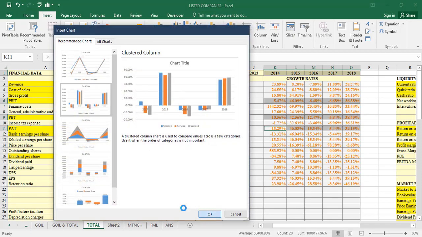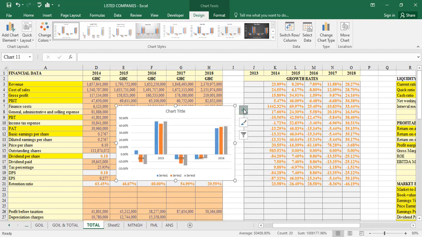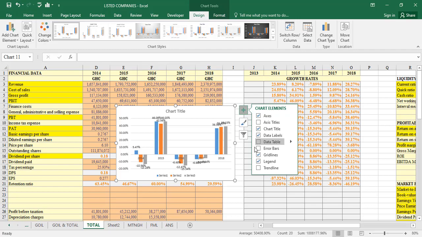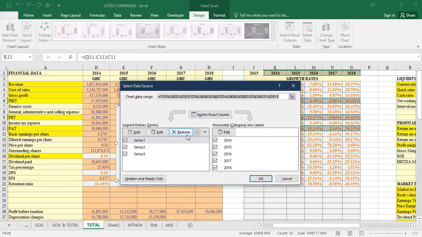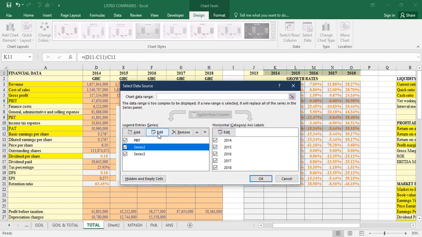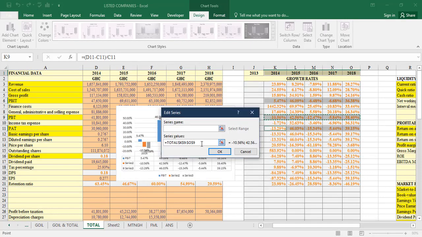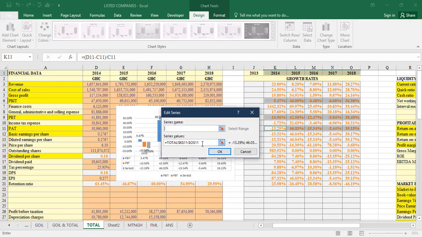Let's select this, okay, and then we have the chart. Let's rename it, select, okay. So we have the profits before interest and tax, then we have profit before tax, then the last series we have profit after tax.